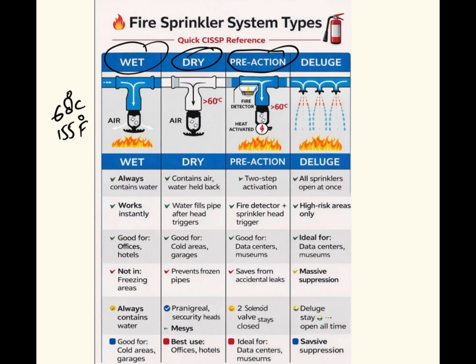Pre-action has two-step activation. One is the fire detector, plus the sprinkler head triggers. So pipes are normally dry. Lowest false positive risk, protects sensitive equipment. So it has to meet two conditions.